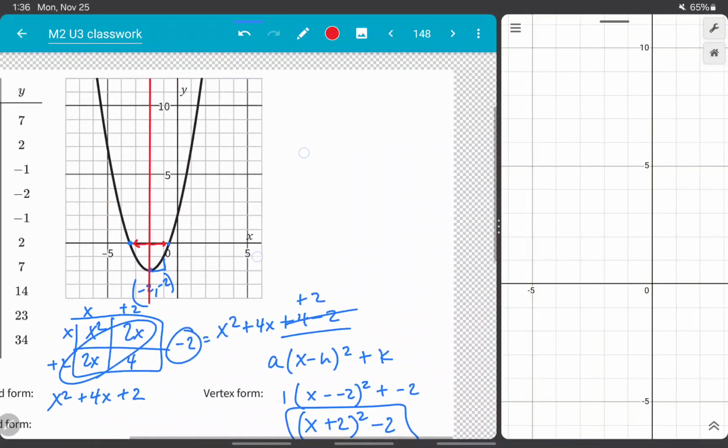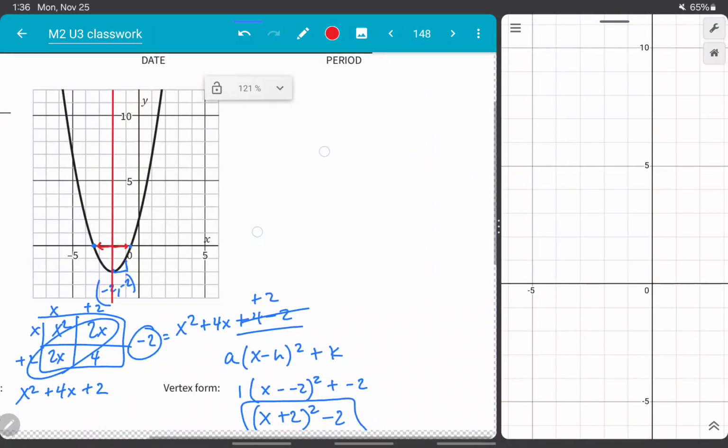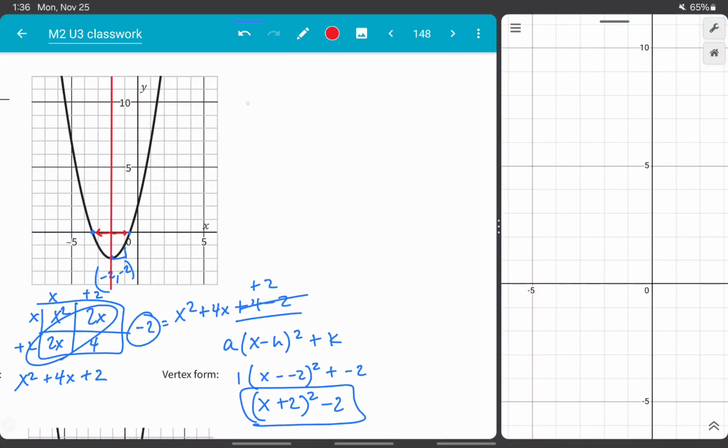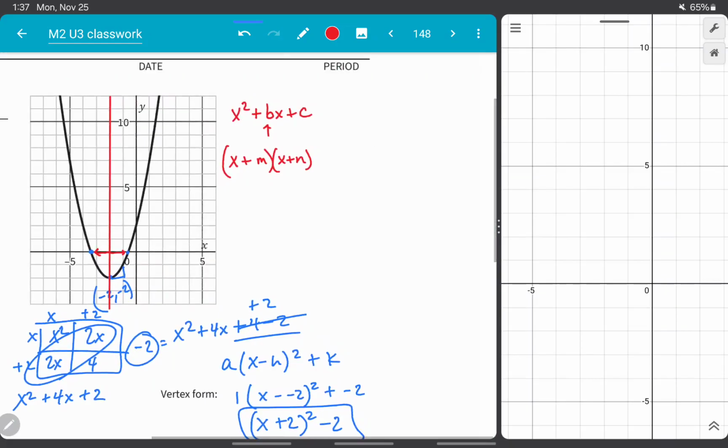Now, what we know about factored form is that if I have something like x squared plus bx plus c, then I have to pick two numbers, x plus m and x plus n, where these numbers add up to get b, but multiply to get c.